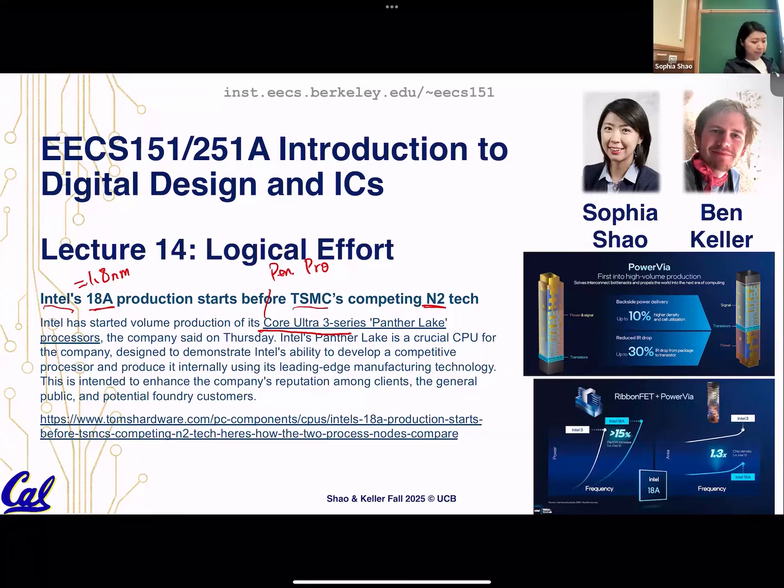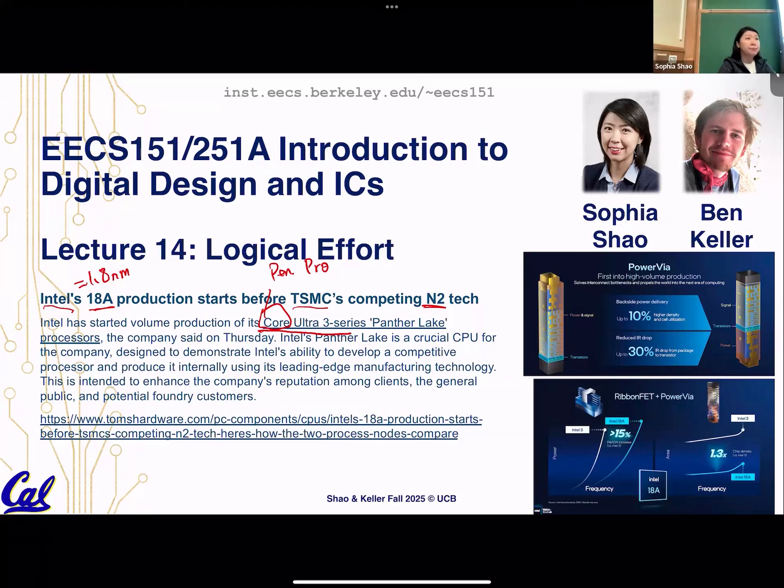After that, the main CPU line is the core line. And this 18A process is used to fabricate Intel's own CPU and got fairly competitive yield, released more recently. So we'll need to wait until we get the real hardware and see how it performs.